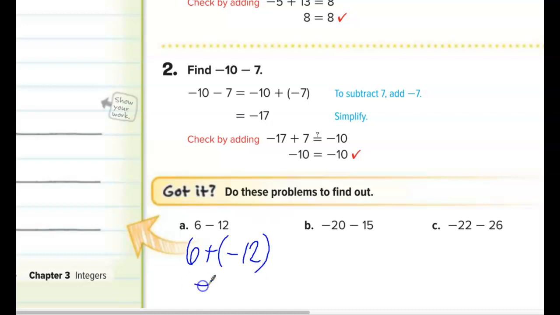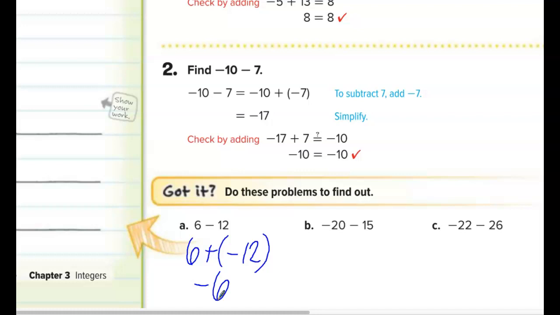More negatives. How many more? 6. Give me a thumbs up if you got negative 6. Don't change the first number. It stays the same. You only change the second.